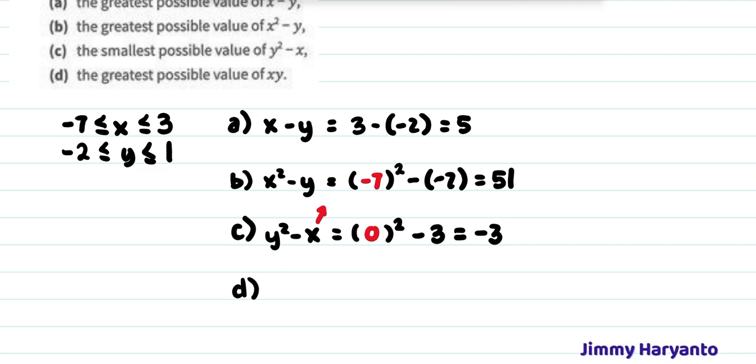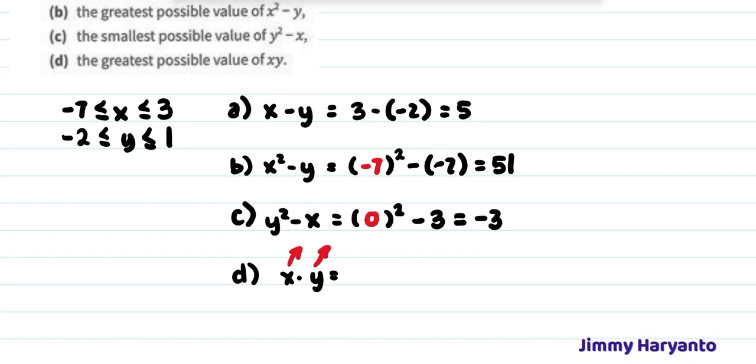D, we have to find the greatest value of x times y. The greatest means this one has to be the largest, y also the largest, but they are negatives, both of them. That means it doesn't matter for the negative sign, because later when negative times negative it will become positive.